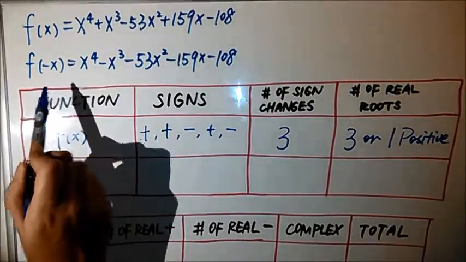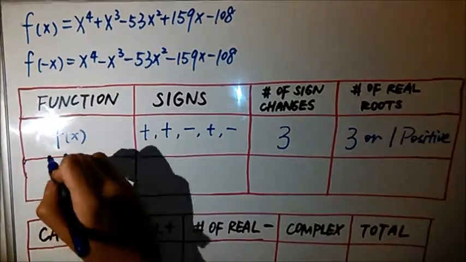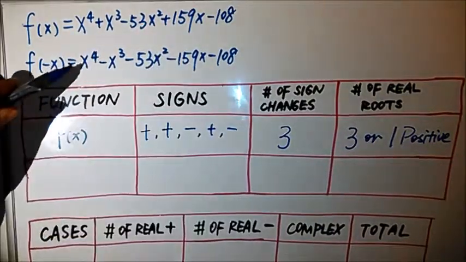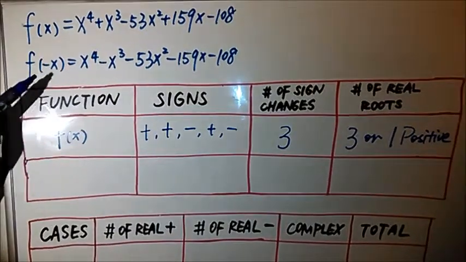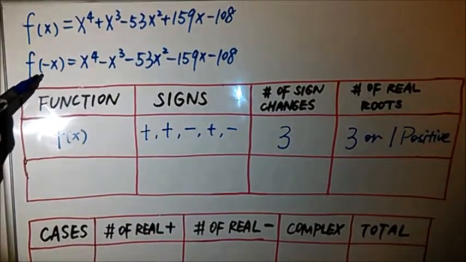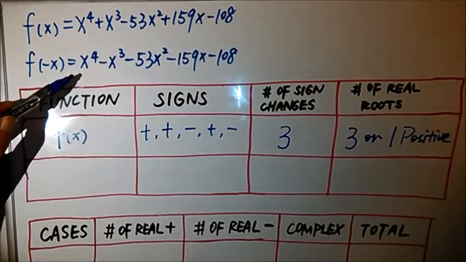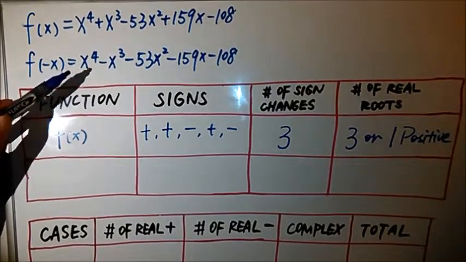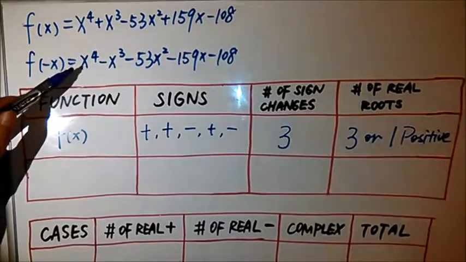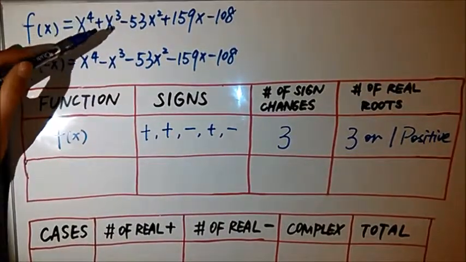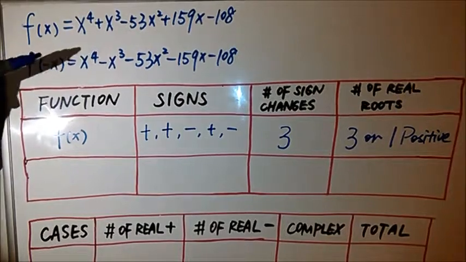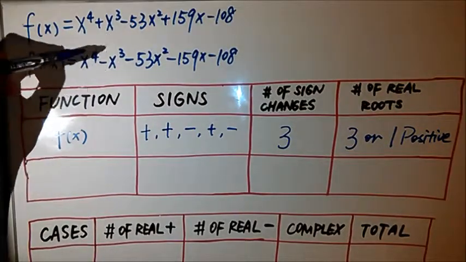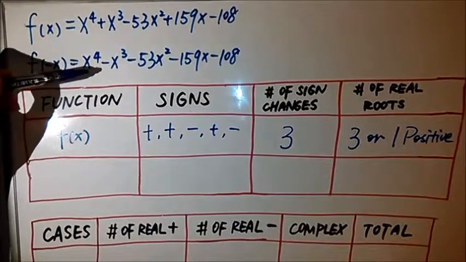Now we're going to look at f of negative x. If we change all the x's of f of x into negative x, then x to the fourth power, with a negative put into x, will come out positive. Negative x cubed will change the positive sign into a negative sign.